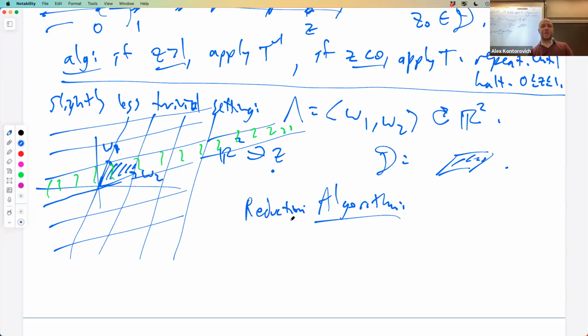The reduced z is the image that's inside the fundamental parallelogram. And it's now not just points that are missing, there's entire line segments that are missing if we're taking the open domain. Okay. The reduction algorithm is, if outside this parallelogram, what should I apply?